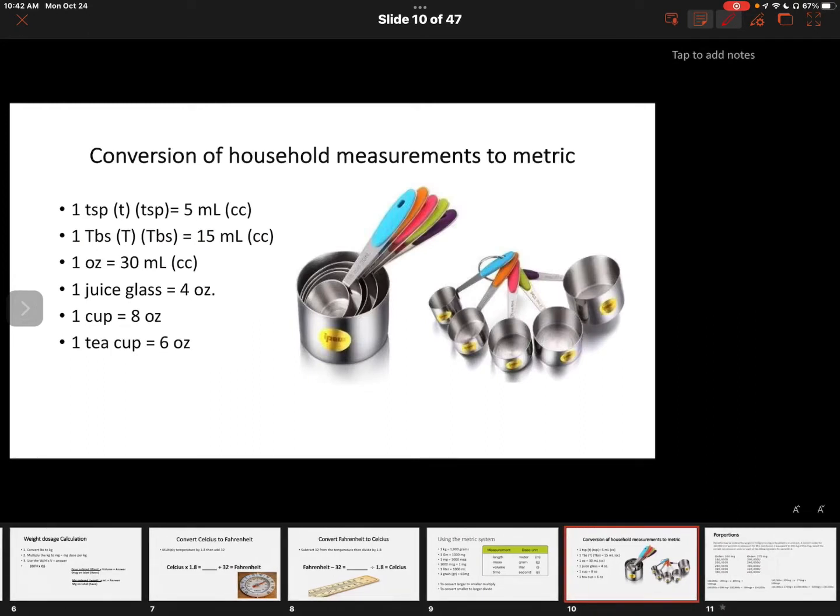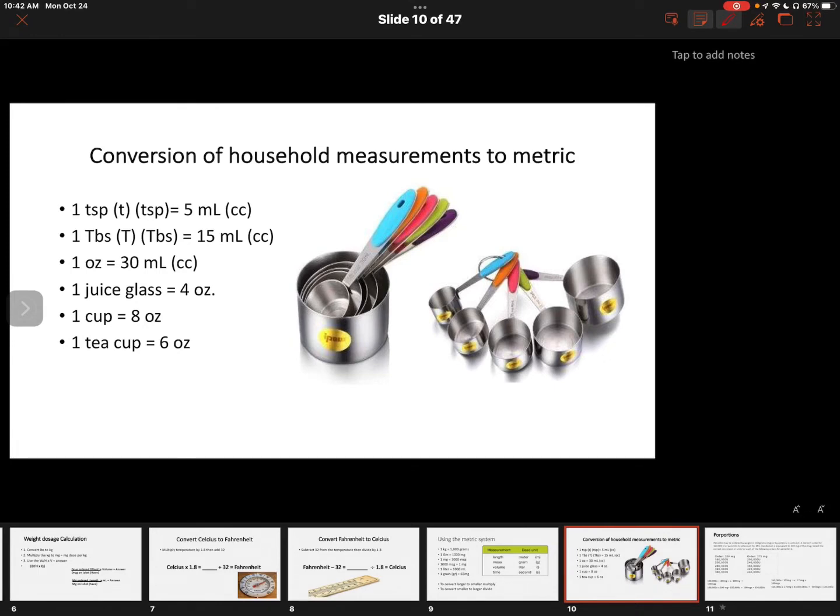Here are conversions of household measurements compared to metric. This is definitely something that you have to memorize forward and backwards, and you need to be able to recall it quickly. 1 teaspoon equals 5 milliliters, or 5 cc's.